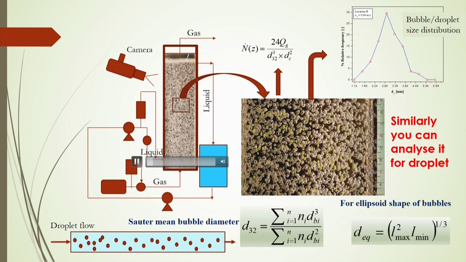The gas is supplied from the bottom of the column as a dispersed phase of bubbles, and it is distributed through the distributor, which has a certain hole size, through which the gas passes, and then the gas is dispersed in the continuous liquid medium as a dispersed phase of bubbles.